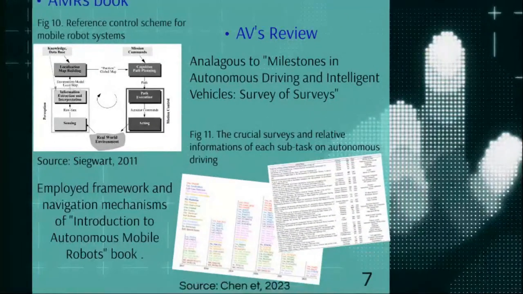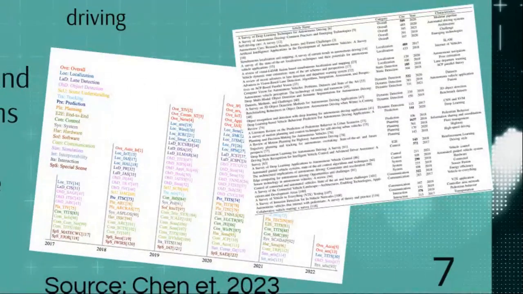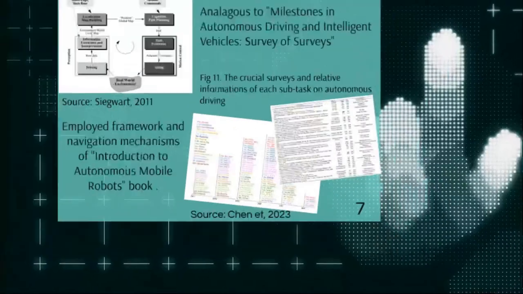And finally, reading a review of autonomous vehicles, which focuses on depicting the main papers from localization to operation in autonomous cars. But now we wish to do the same, similar tables, taking the most important and cutting edge papers, but for autonomous mobile robots.